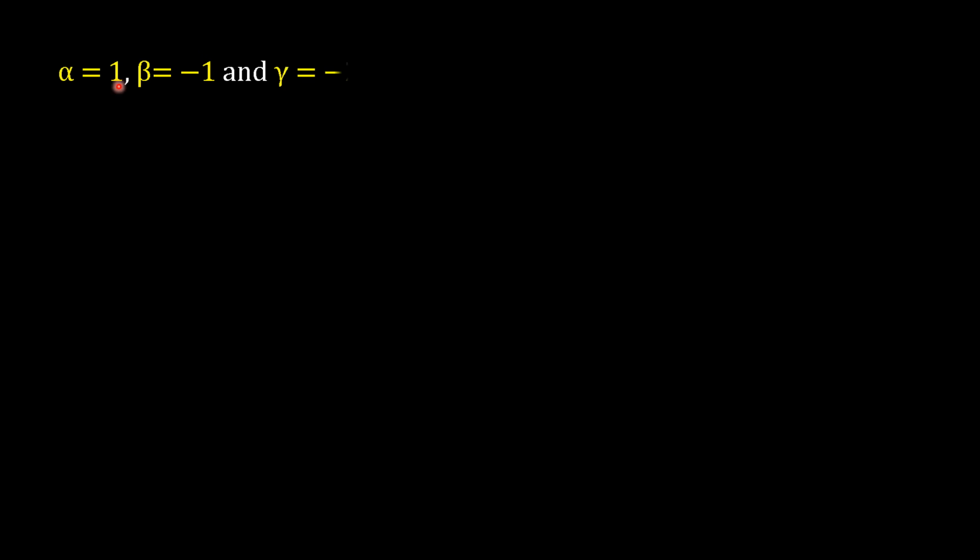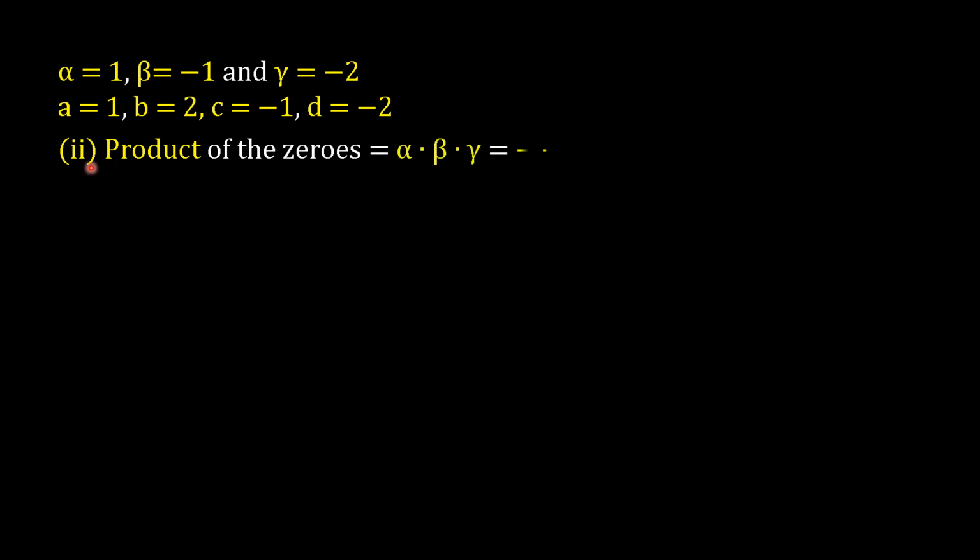We will rewrite the values of alpha, beta, gamma and the coefficients a, b, c, d for ready reference. Second relationship is product of zeros, that is alpha beta gamma is minus d upon a. The left hand side will be alpha beta gamma, which is 1, which is alpha, multiplied by minus 1, which is beta, and minus 2, which is gamma.